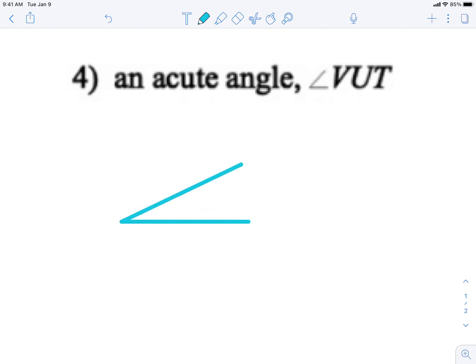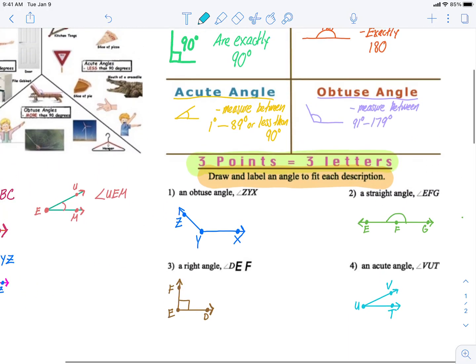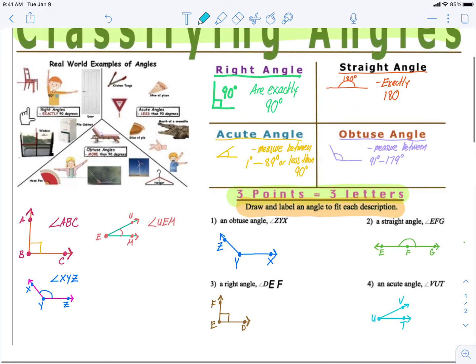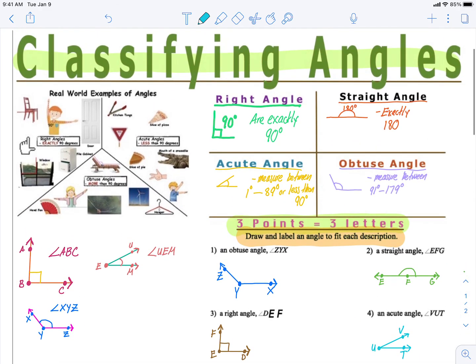And remember that my point has to go in the middle there, and arrow, and point, and my middle one is the important one, which is U. So V-U-T. And there is my acute angle VUT.